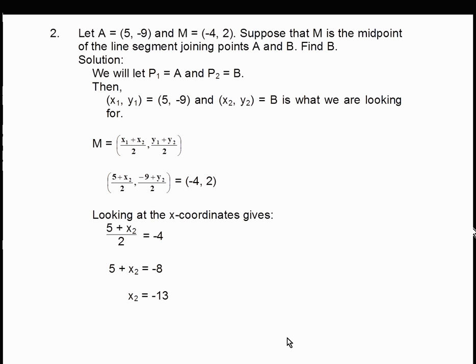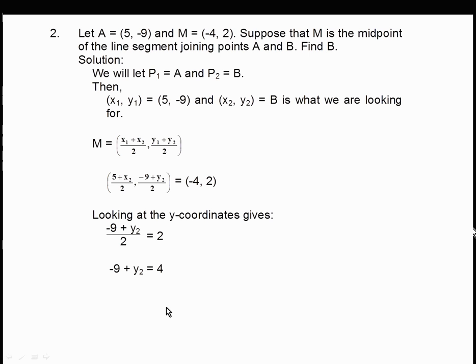Now let's look at the y-coordinates. Negative 9 plus y2 over 2 has to equal 2. So this y-coordinate has to equal this y-coordinate. Clearing fractions, multiply both sides by 2. Negative 9 plus y2 is equal to 4.